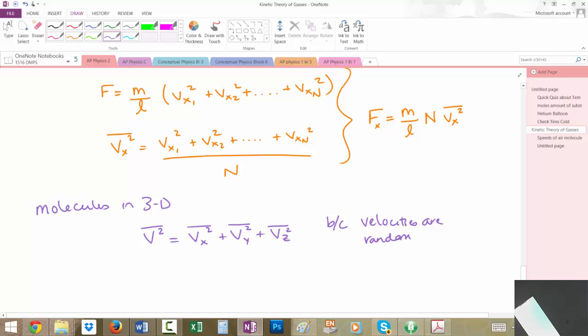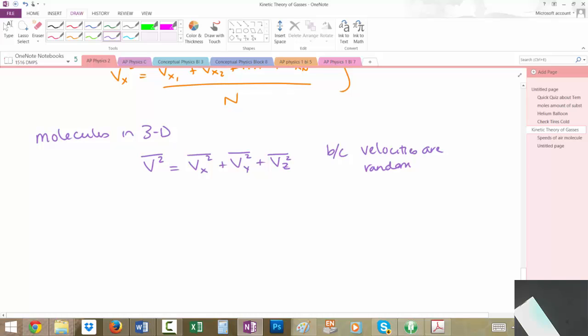So we really want to just look at averages. And because all the velocities are random, we can also claim that the average in the x, and the average in the y, and the average in the z, oops, that's not a vector hat, that's an average hat, sorry, are all about the same, statistically.